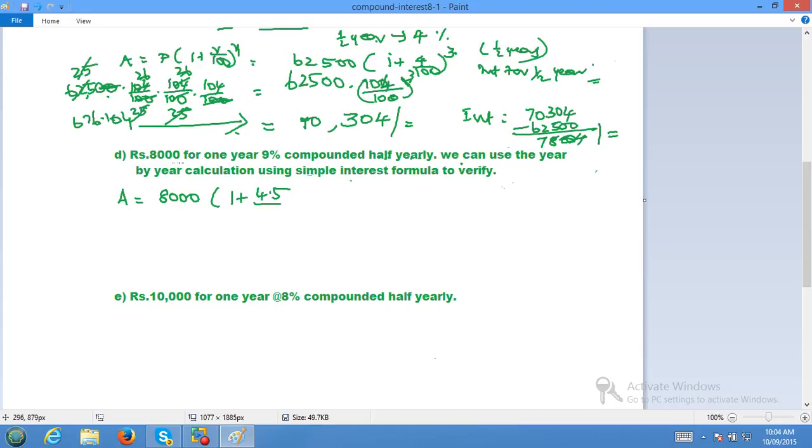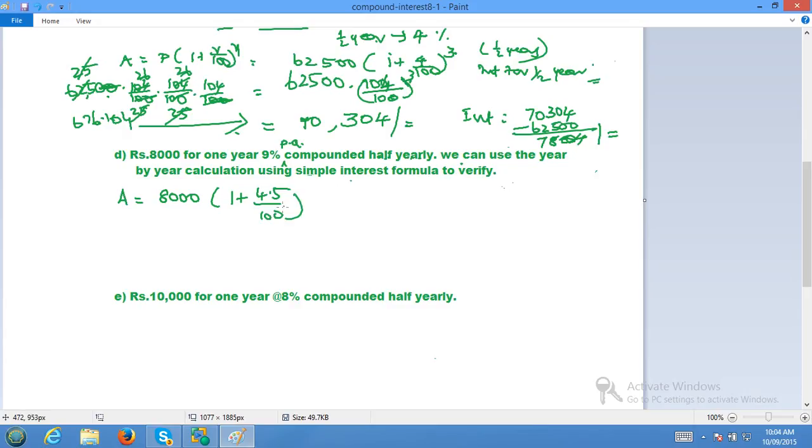Wherever it is given for 1 year, 9% is always per annum, unless it is specifically mentioned.